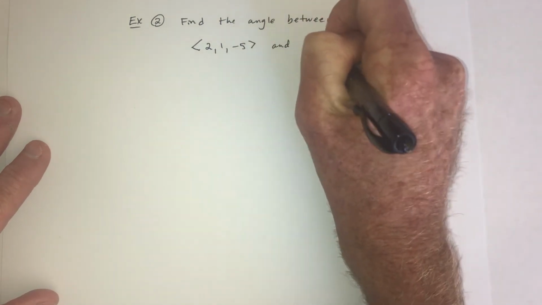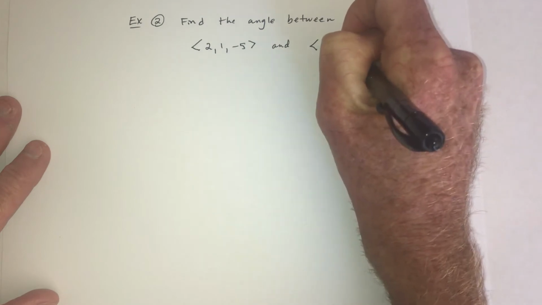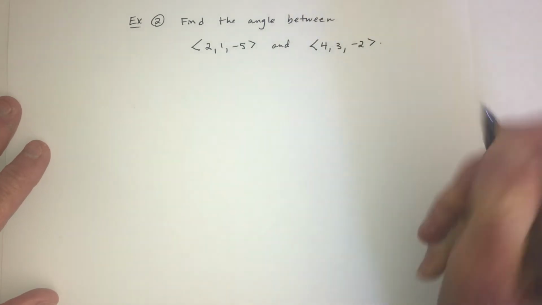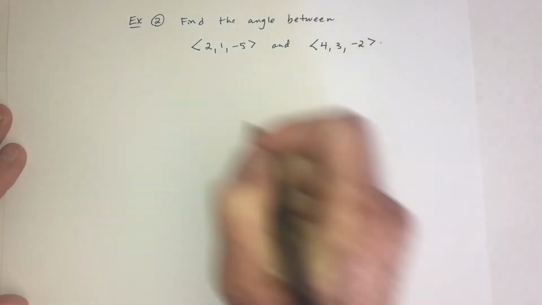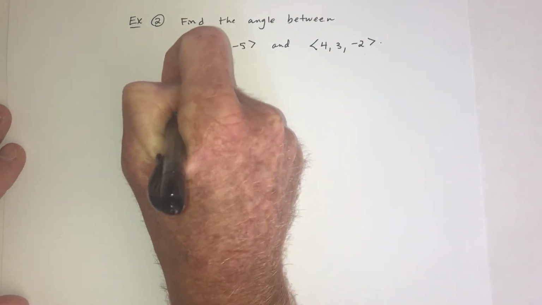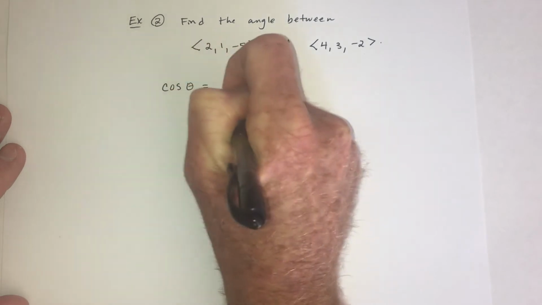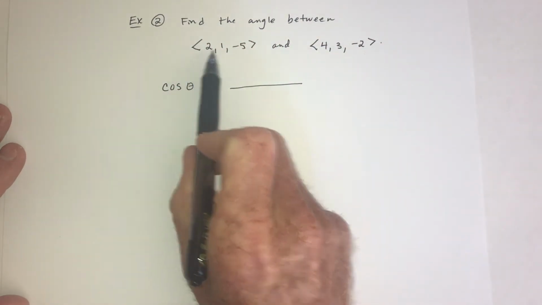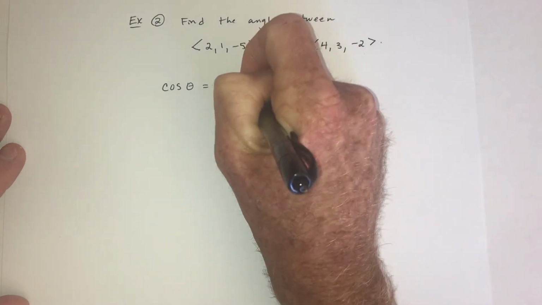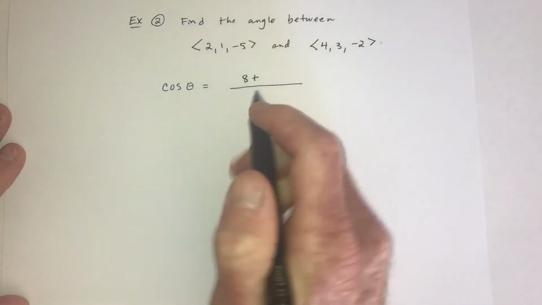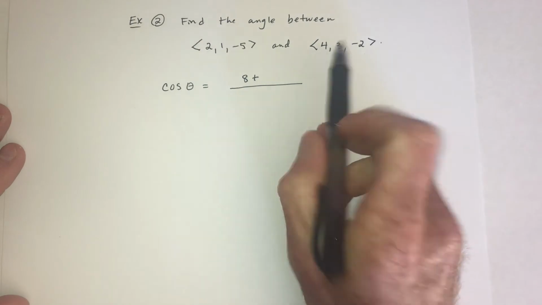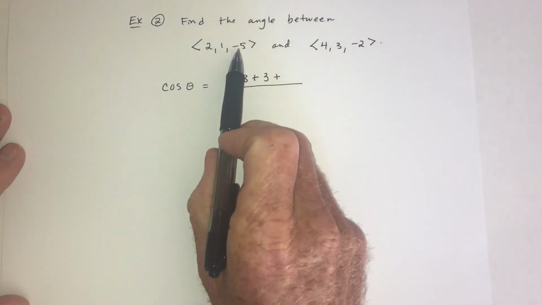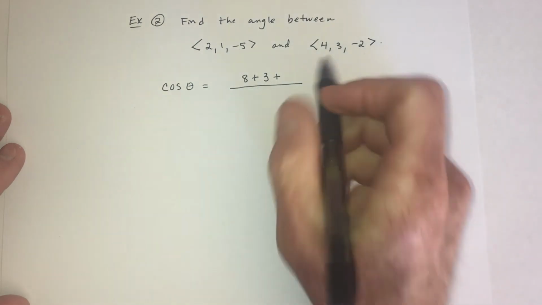And 4 comma 3 comma negative 2. All right, so the setup is cosine of theta equals, and now you do the dot product. So 2 times 4 is 8, plus 1 times 3 is 3, plus negative 5 times negative 2 will be a 10.